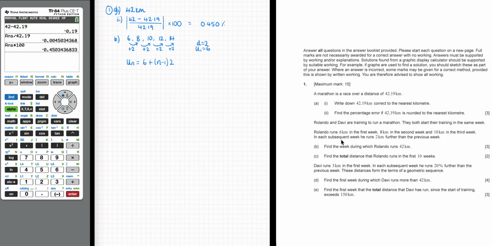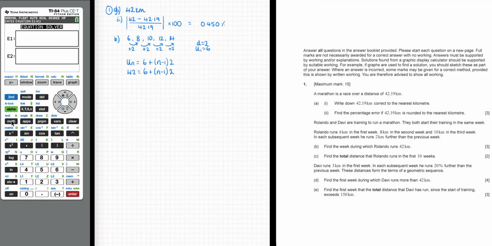And it asks us, for part B, find the week during which Ronaldo runs 42 kilometers. So I want to know, when is the actual answer here 42? What term is it that I'm looking for? So 42 is equal to 6 plus n minus 1 times 2. And I'm actually going to do this on my calculator. So I'm going to use numeric solver.